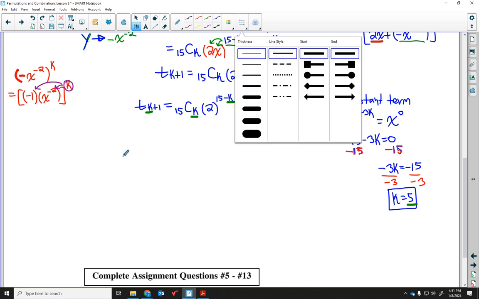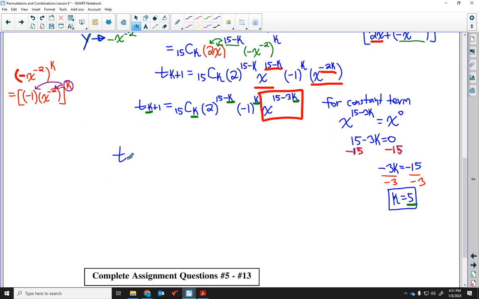So this would then be t sub 5 plus 1, is equal to 15 choose 5, and then we're going to have 2 to the power of 15 minus 5. We have the negative 1 right there, also to the power of 5. And then we have x to the power of 15 minus 3 times 5.